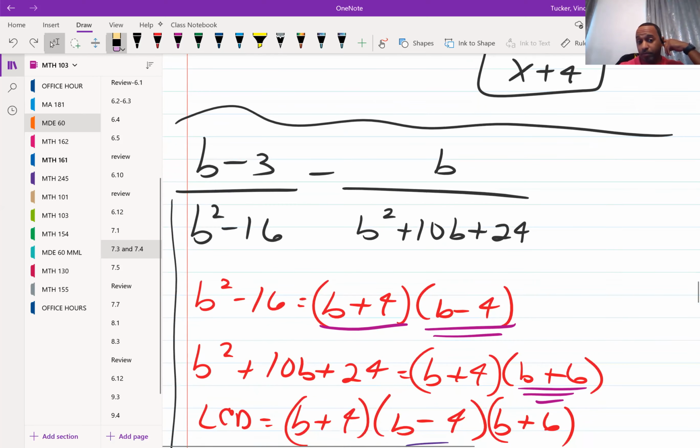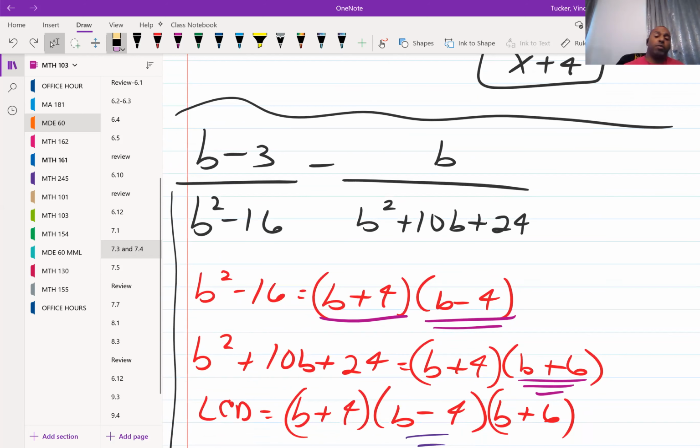So just like before, take each one of your denominators, factor them completely, and then the LCD will be each different factor that you have. So b squared minus 16 is b plus 4, b minus 4. b squared plus 10b plus 24 is b plus 4, b plus 6. So the LCD is going to be each one of the different factors that you see. So you see b plus 4, b minus 4, and then b plus 6 are the three different factors that we see.